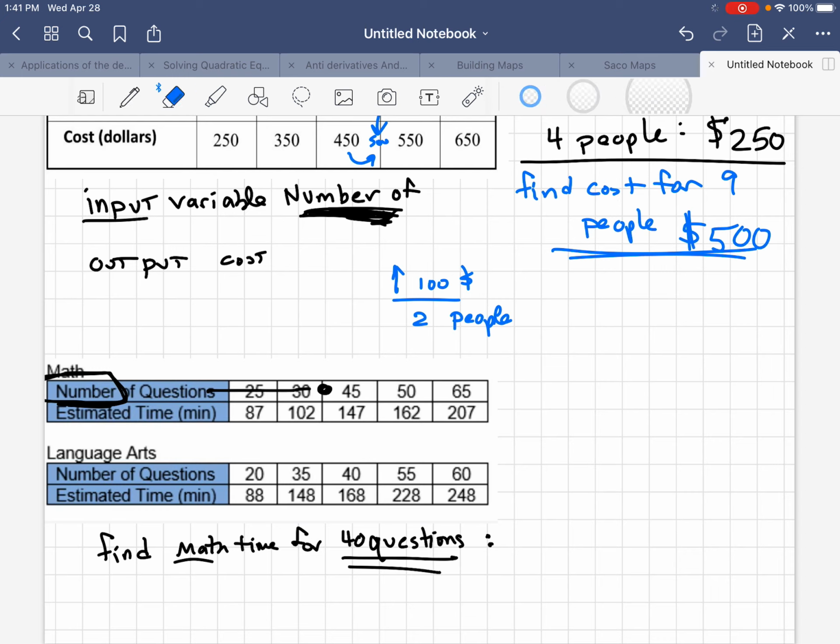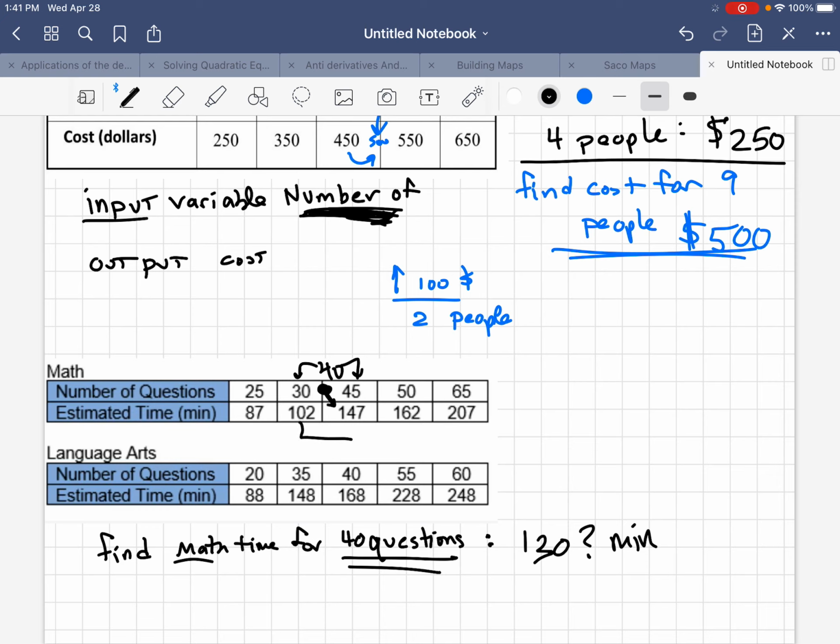So we have to estimate. It's probably going to be closer to the 147 because 40 is closer to 45 than 30. So we're looking at somewhere in the 120, 130 range. Again, it's an estimate.